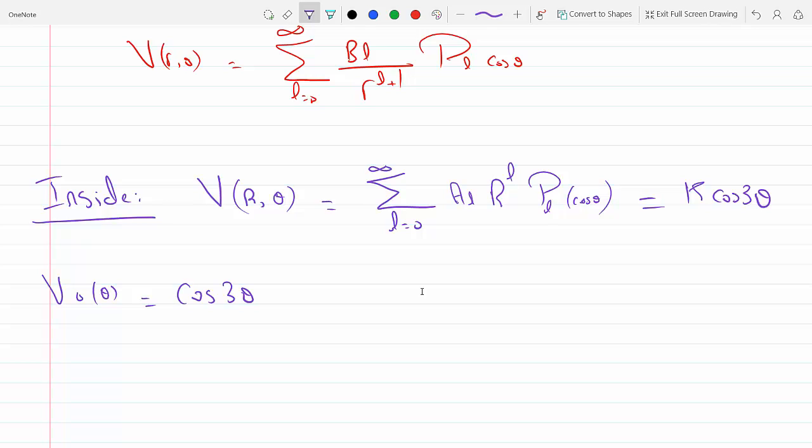You will find that this is expressed as k times (4 cosine cubed theta minus 3 cosine theta).